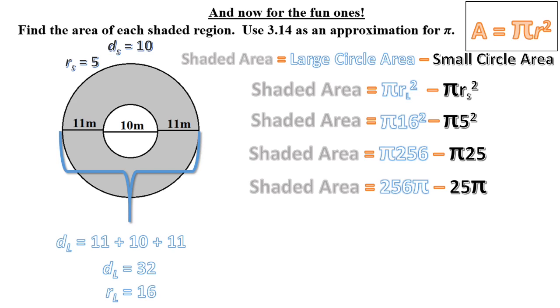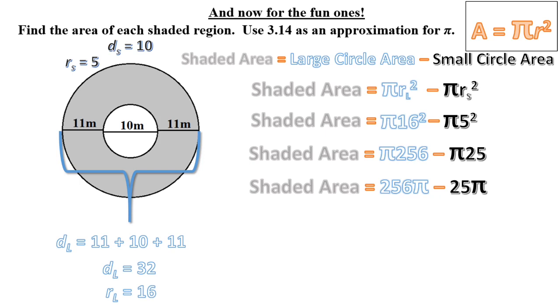Now here's the part where it gets interesting. Before you even plug in your approximation for pi, you can actually combine these two terms. It's just like in algebra where if I had 256x minus 25x, I could subtract those coefficients. You can do the same thing because these are both in terms of pi.